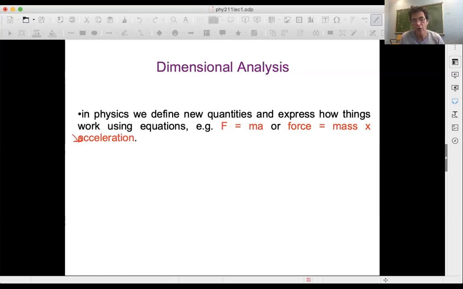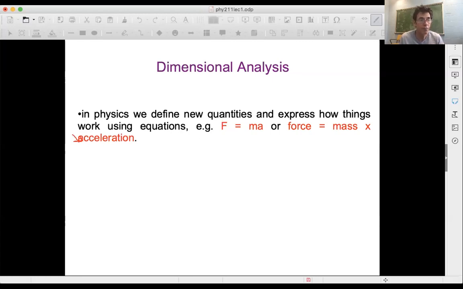We define the quantity of force through a mathematical equation. That's how we give rigor to its meaning. We define the quantity we call energy through a mathematical equation. So that's one way we use equations.